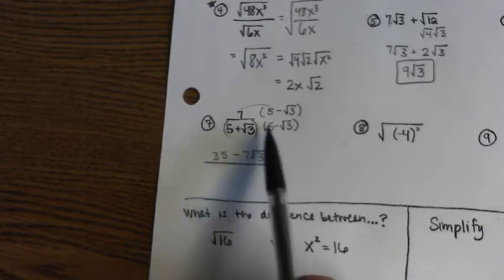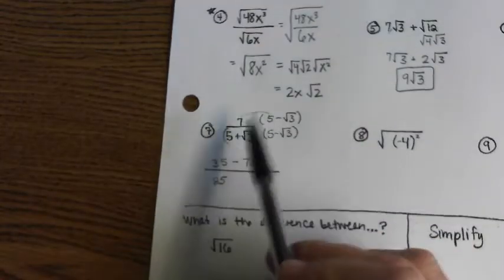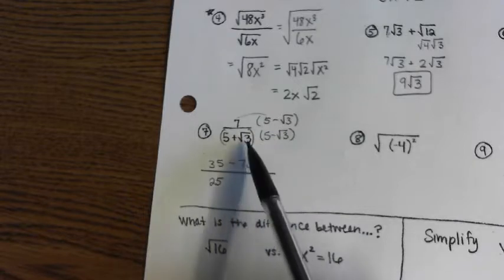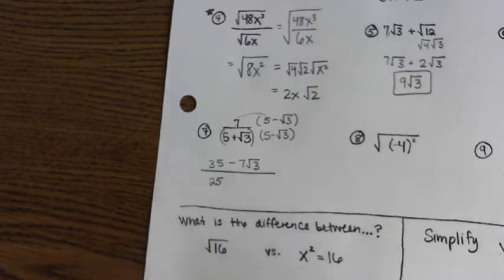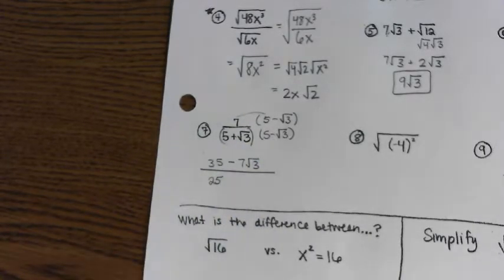So your first times your first, 5 times 5 is 25. Your outer, and I'm not going to write this down, your outer is minus 5 root 3. Your inner is plus 5 root 3. So again, that's the beauty of conjugates. That's why those radicals cancel. And then a positive root 3 times a negative root 3 is just a negative what?